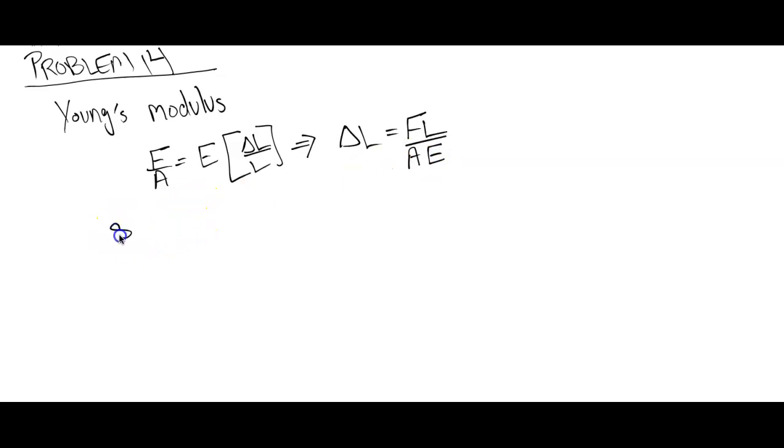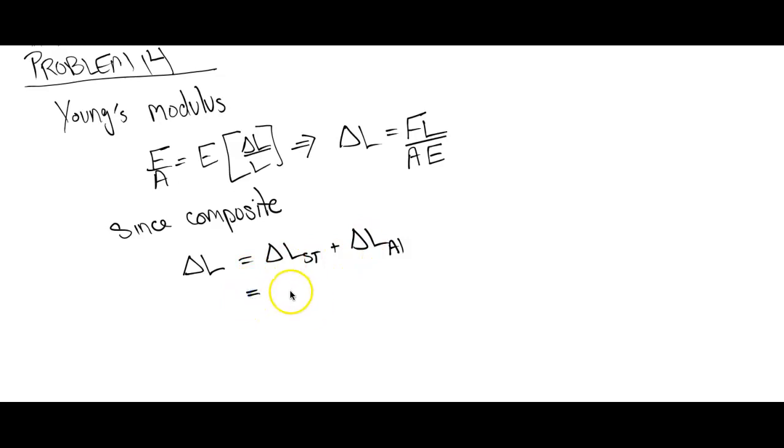And since we have a composite, then we have to do a superposition and say that the overall change in length is going to be the change in length for the steel part plus the change in length for the aluminum part.